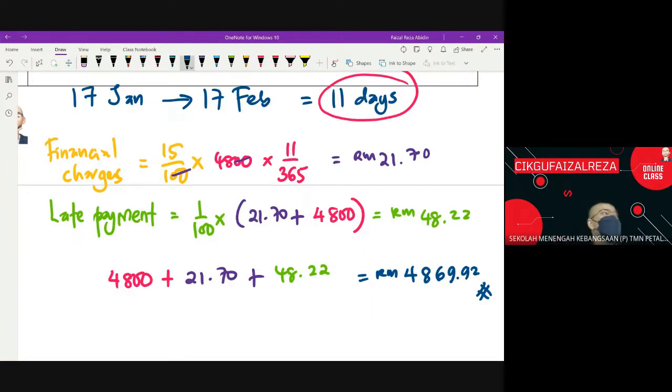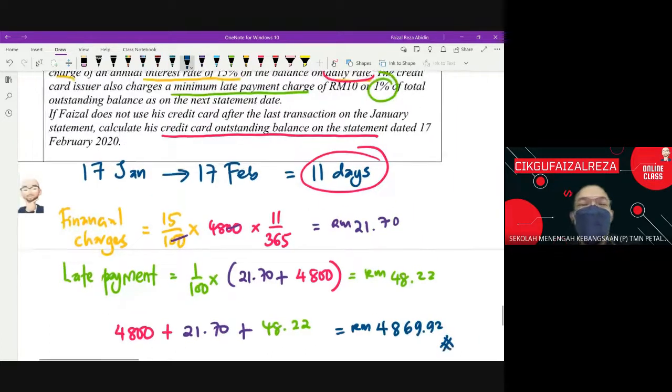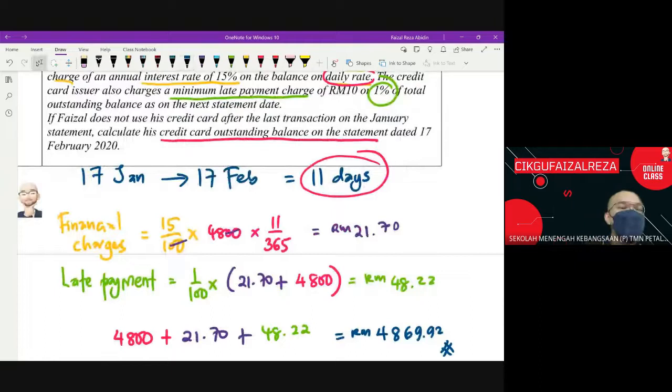Easy, right? So remember, the financial charge is charged daily, so you have to find how many days. We are done already.